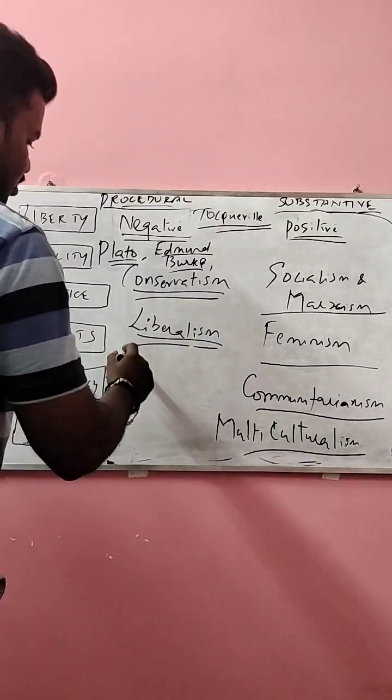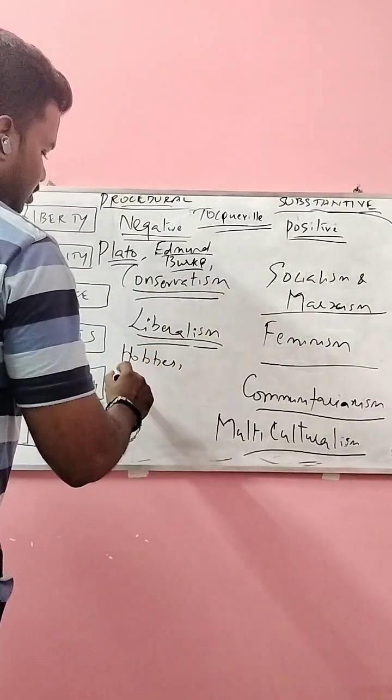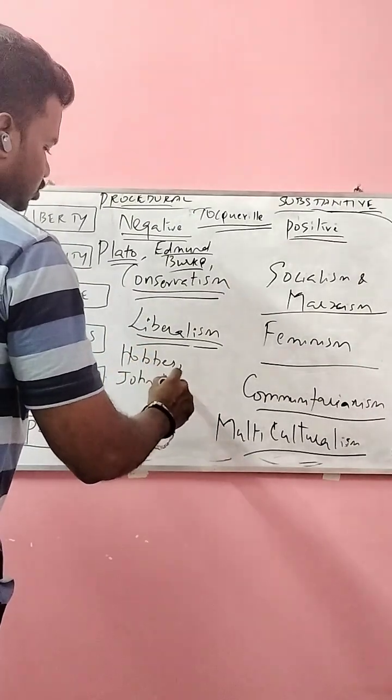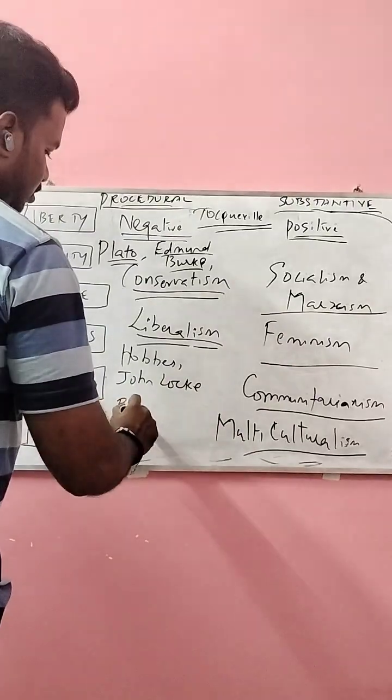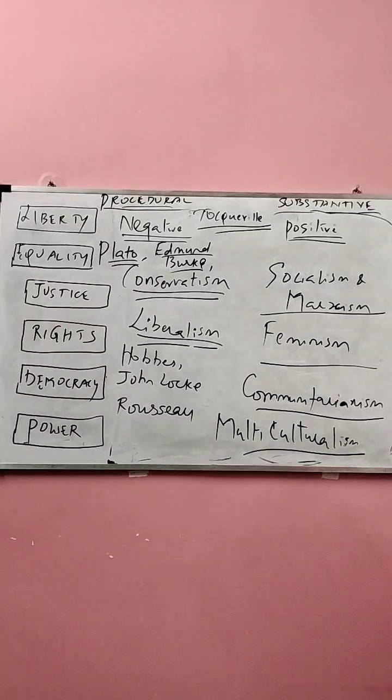Liberalism, important scholars are Thomas Hobbes, John Locke, J.J. Rousseau. These are the important ones. They also put forward the social contract theory and the natural rights theory. John Locke is called the father of liberalism.